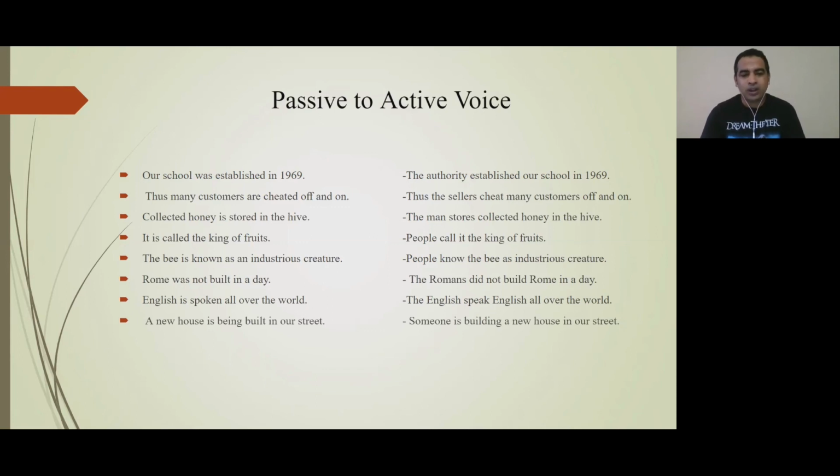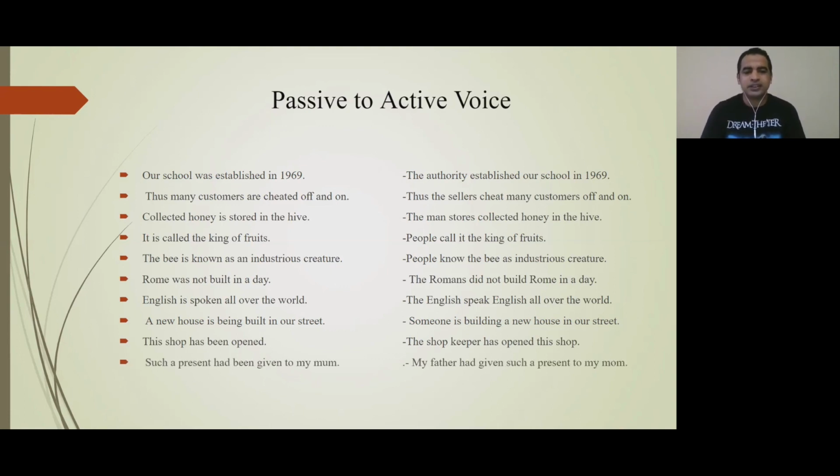Another one: a new house is being built in our street. Someone is building a new house in our street. Well, we take someone as subject. This shop has been opened. So the shopkeeper has opened this shop. Who will open? The shopkeeper, of course.